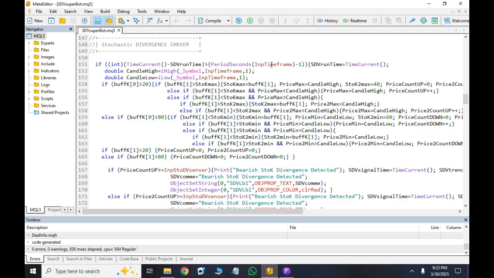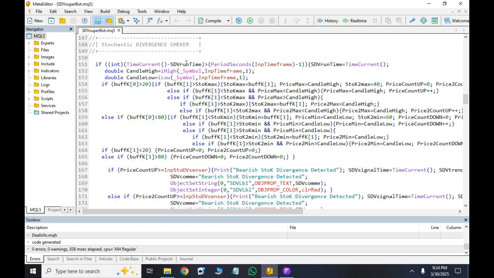That means if the time frame is 5 minutes, converted to seconds that is 300. 300 minus 1 means 299. If this difference is greater than 299, it means a new candle is formed, a new 5-minute candle. Then this program runs.